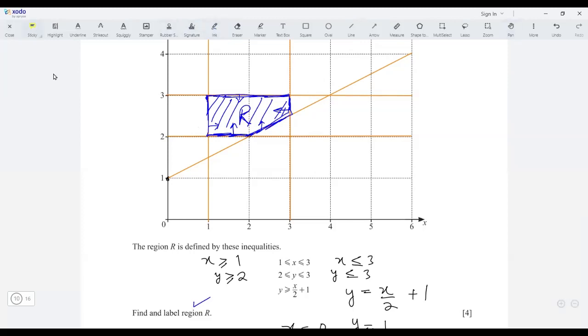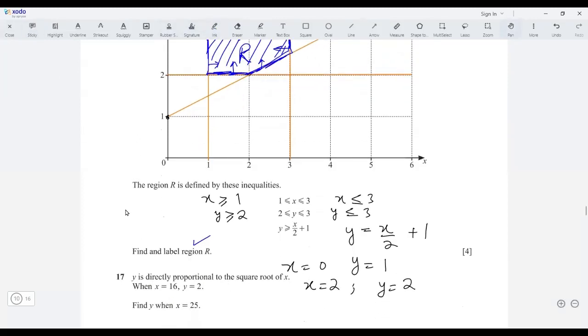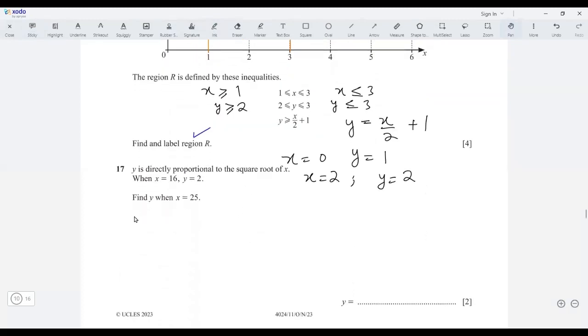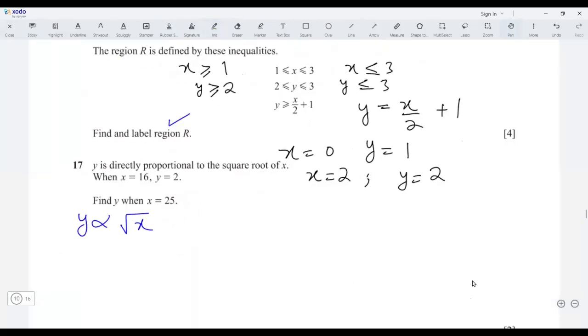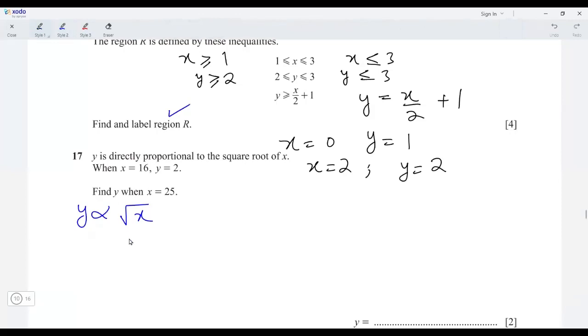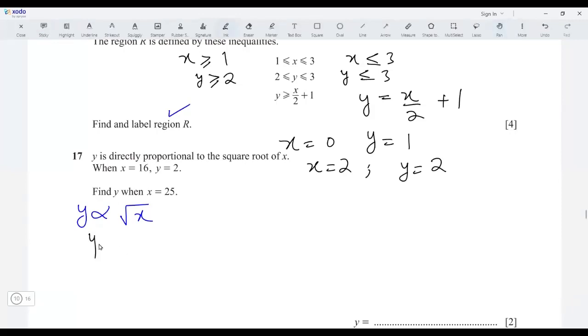Moving towards the next question, it is the variation question. y is directly proportional to the square root of x. So it means that it is root of x. Now remove the proportionality sign and it will be converted to equals with a constant k times root of x.